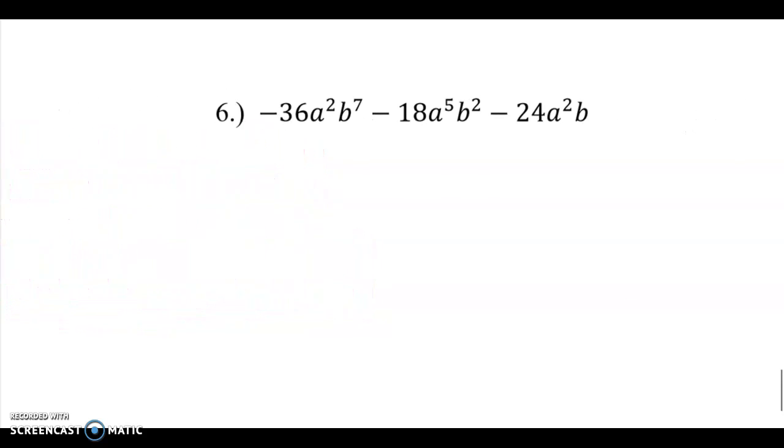Last one here. Okay, once again, that front number is negative, so I definitely know I'm going to pull out a negative. Don't have to worry about standard form for this one, guys, because it's got more than one variable. So I need to pull out a negative, and all of these are divisible by negative 6. So I'm going to divide them all by negative 6 for my numbers. My lowest a term is an a squared term.